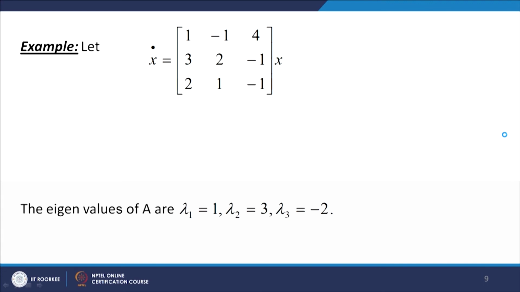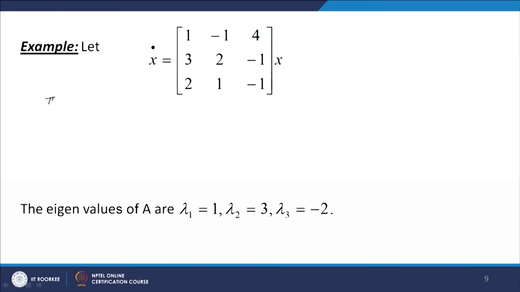Suppose we have the vector differential equation x dot equal to Ax, where A is the 3 by 3 matrix with rows 1, minus 1, 4; 3, 2, minus 1; 2, 1, minus 1. Then we want to solve this vector differential equation using the method of eigenvalues and eigenvectors. So, what we will do? We will find the characteristic equation.